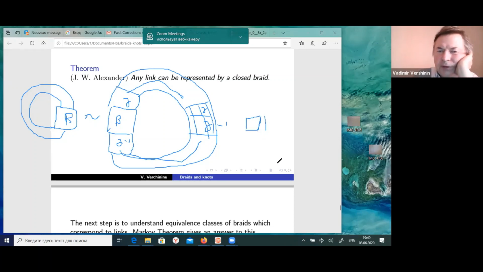Here you have a strand. And then you multiply by sigma n, the last one, or sigma n minus 1, no problem.